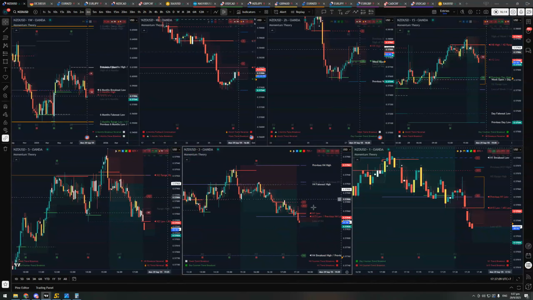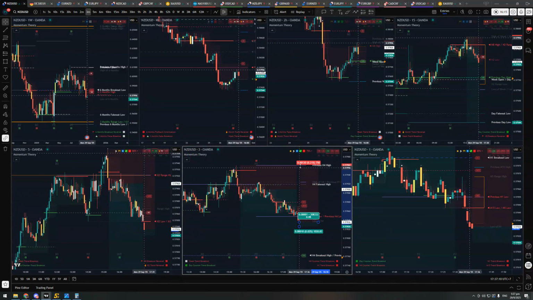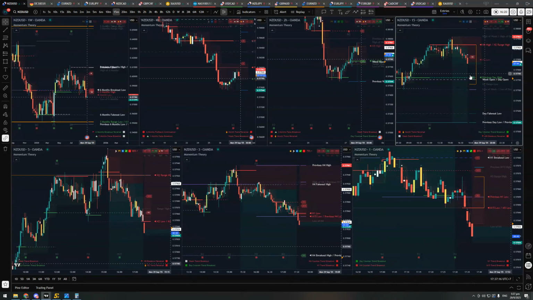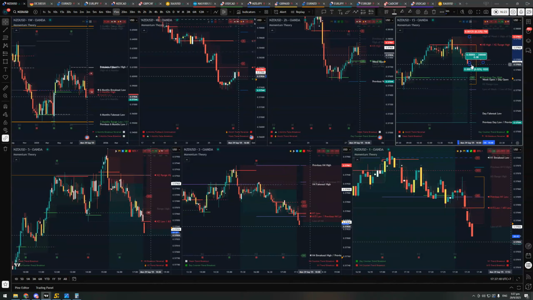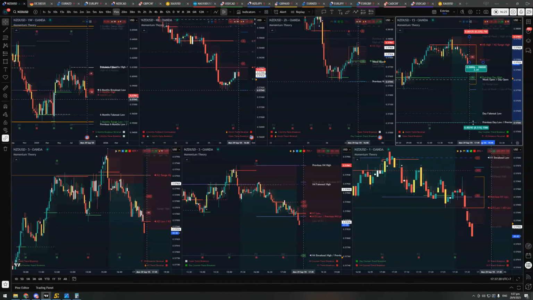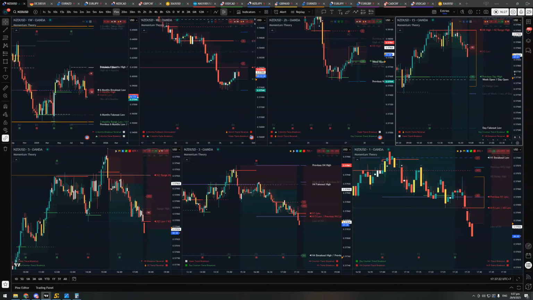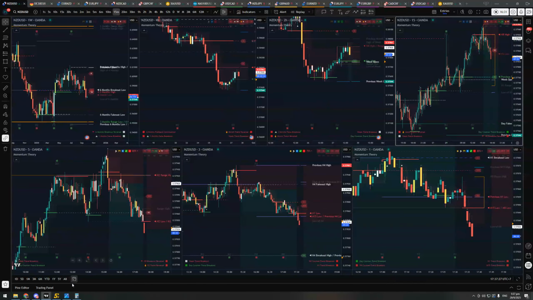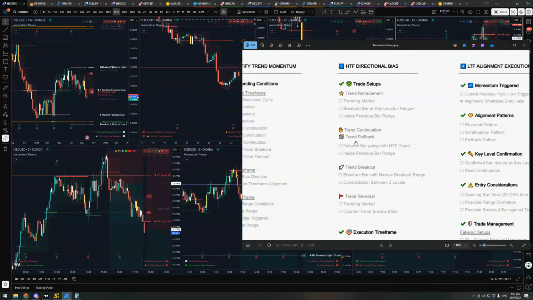So there you go. That's the trade in London. Stop loss same. And that's it. So for the trend reversal setup, I'd like to take this down to the previous day high.